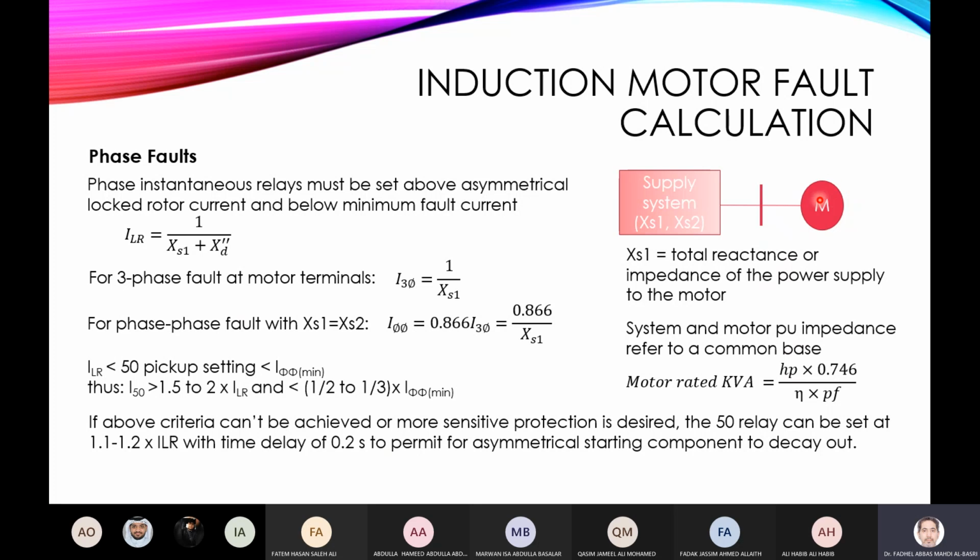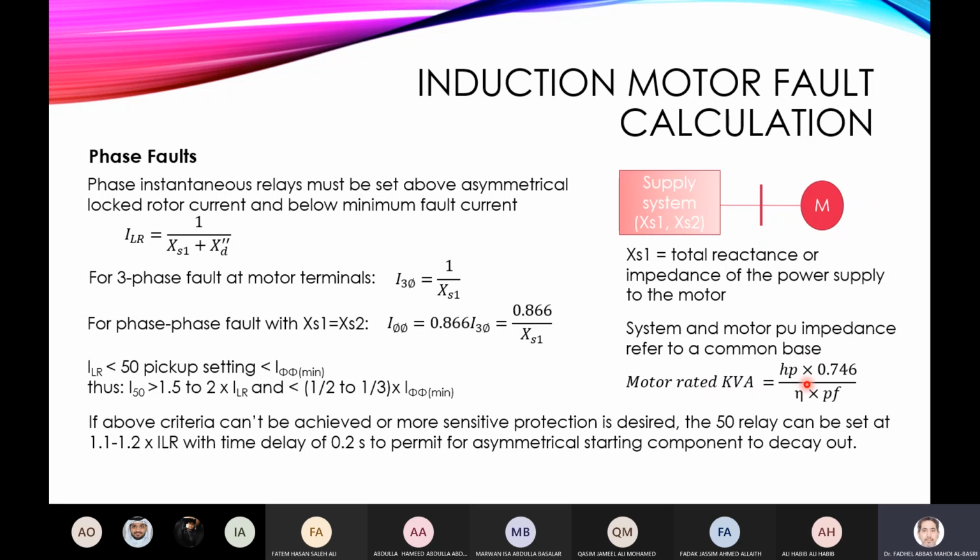So what is the base of this machine? Normally you take the input kVA rated power as your base for the machine parameters. How do you find this rated kVA as a base for the motors?